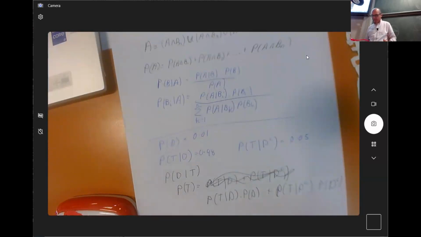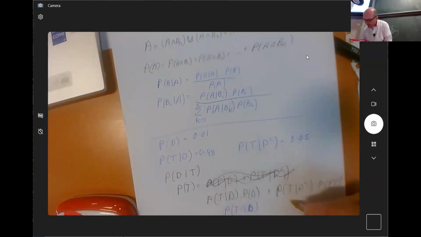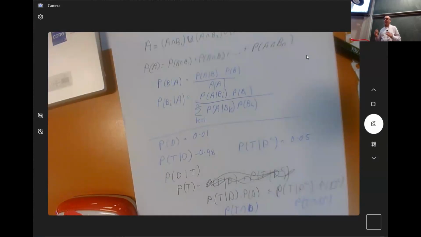So I'm going to write this underneath. This is the probability of testing positive and having the disease, and this thing here is the probability of testing positive and not having the disease.